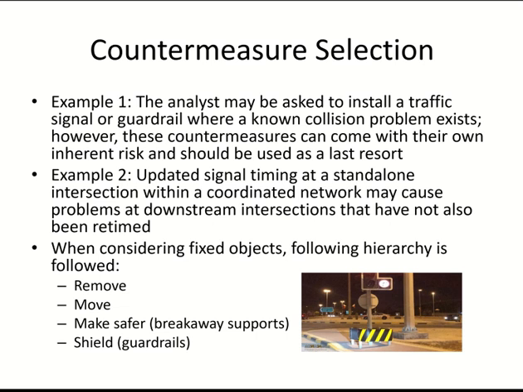The collision will happen to this, not to the pole. Then the last option is you shield the object. Shielding means you protect it from all sides, so there is no impact going towards an object. For example, it's not shown here, but you may have a pedestrian bridge.